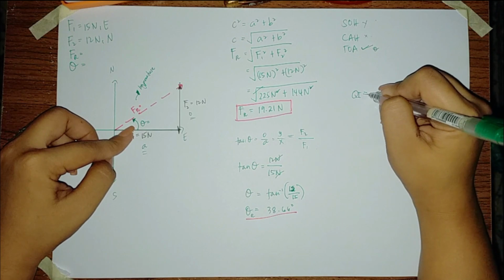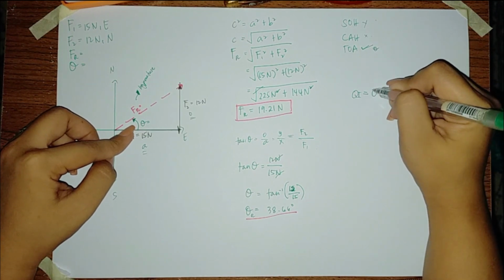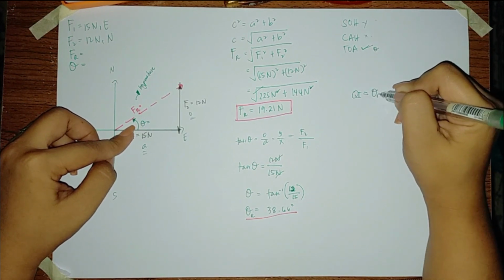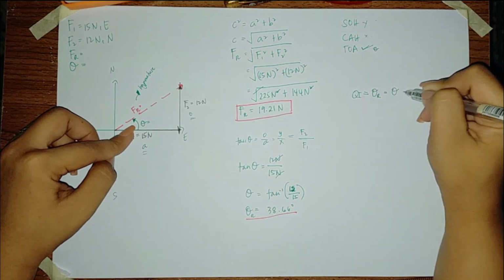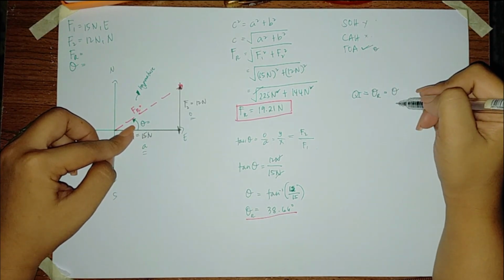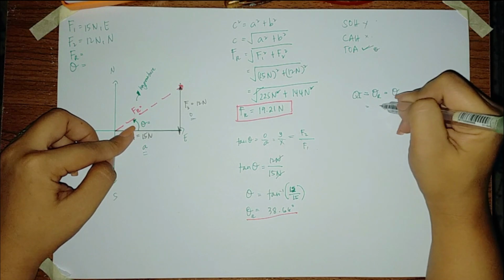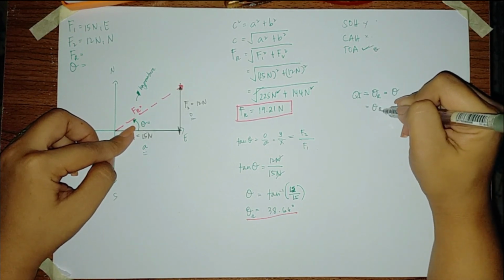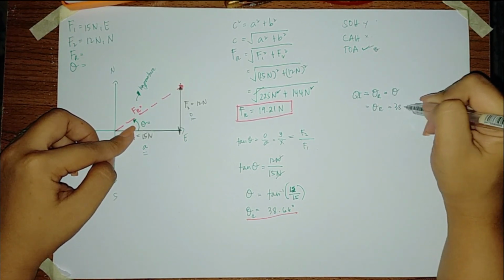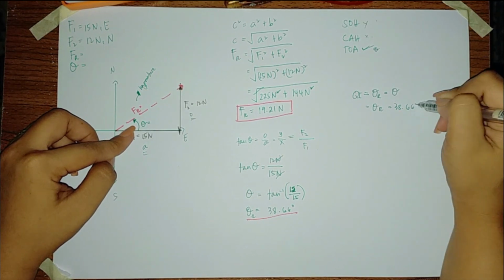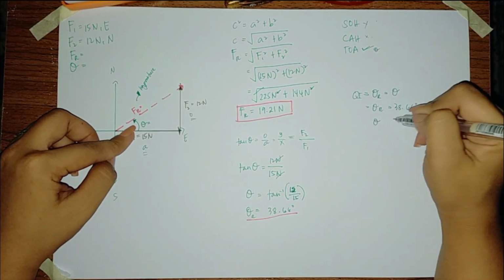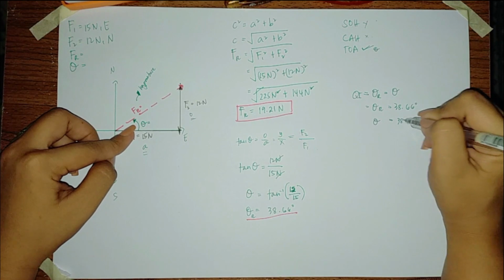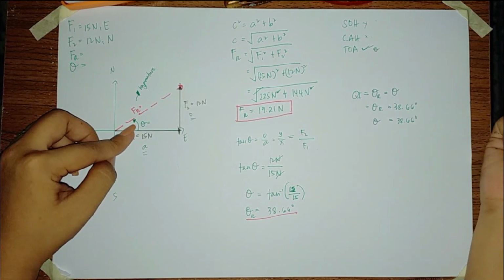So, if ara sa quadrant 1 si angle, kung pila ang iya nga reference angle, equal naman na siya sa iya nga final angle. So, if ang reference angle niya is equal to 38.66 degrees, therefore, ang imo nga final angle is 38.66 degrees naman na siya.